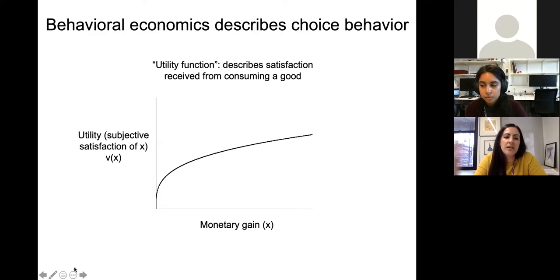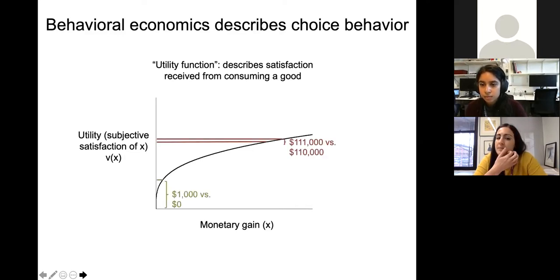And just to give a concrete example, one particular phenomenon that this shaped utility function captures is something called diminishing marginal sensitivity. And so this is related to Weber-Fechner's law, right? The idea is that the difference between $0 and $1,000 feels a lot bigger to us than the difference between $110,000 and $111,000, even though the delta dollars there is the same, right?